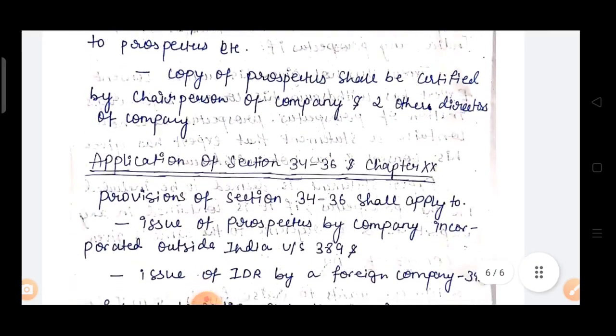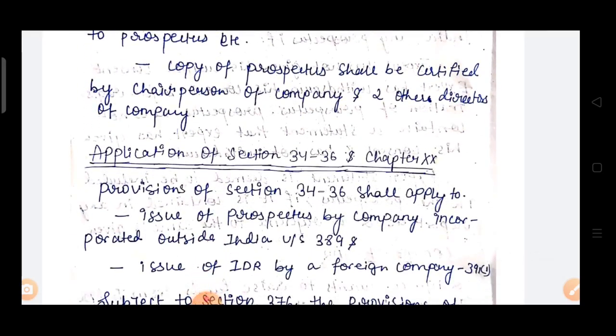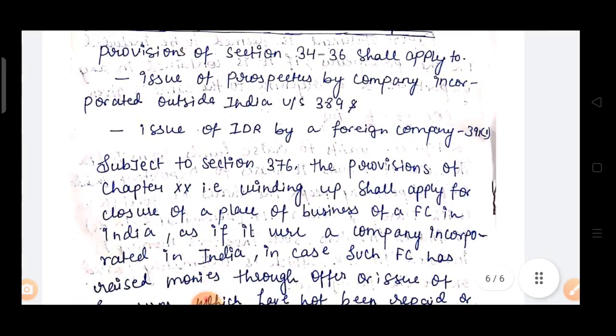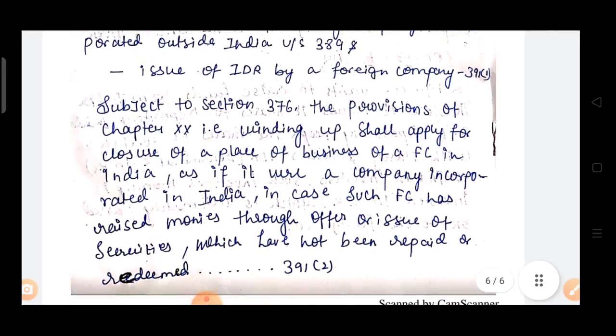Now, application of sections 34 to 36 and Chapter 20. The provisions of sections 34 to 36 shall apply to the issue of a prospectus by a company incorporated outside India under section 389, and the issue of IDR by a foreign company under section 391(1). Subject to section 376, the provisions of Chapter 22, that is winding up, shall apply for closure of a place of business of a foreign company in India as if it were a company incorporated in India, in case such foreign company has raised money through offer or issue of securities which have not been repaid or redeemed.